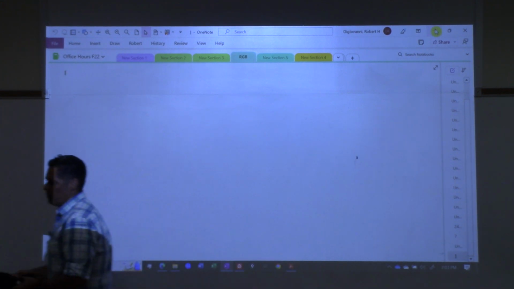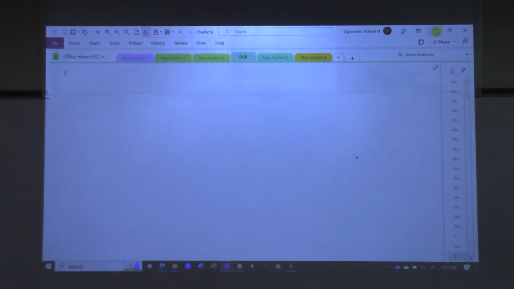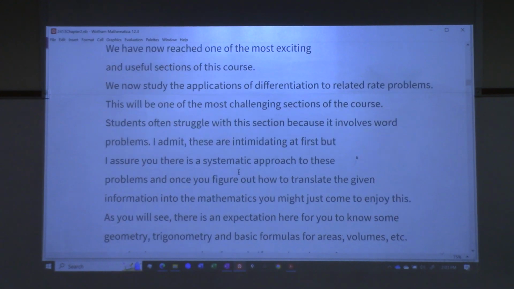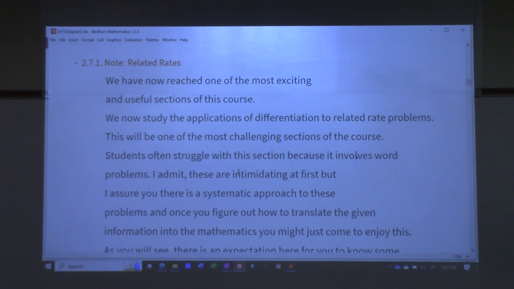Let's go to my notes. We've now reached one of the most exciting and useful sections of this class, meaning this is the stuff that we actually use in the real world.